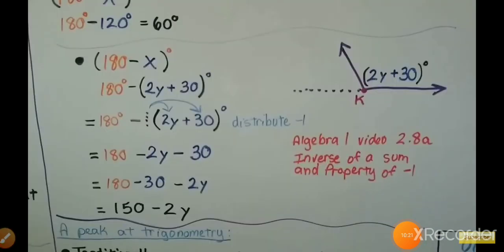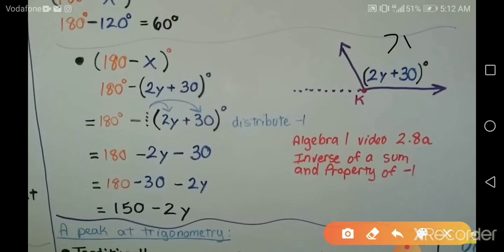Okay, moving to this example. I have the measure of angle K is 2y plus 30. I know that when I want the supplement of the angle K, it's 180 minus x. Here x means this angle x.